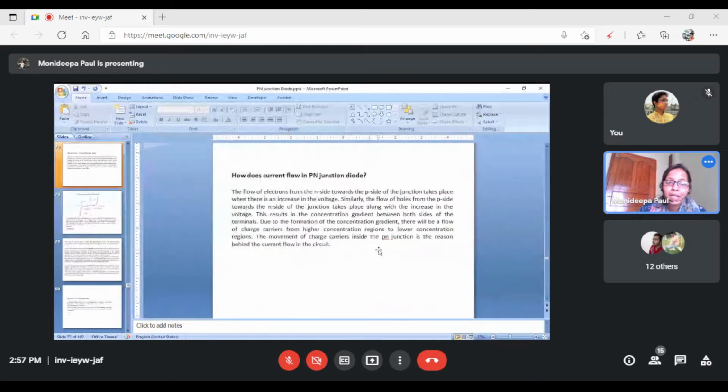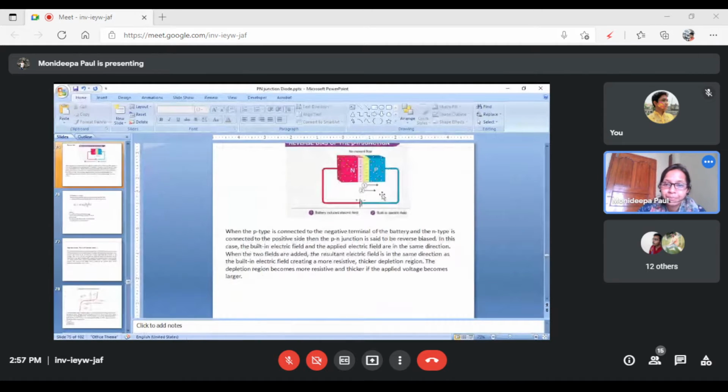Here you see the figure: the negative side is connected to the p-type, and the negative side of the developed electric field inside the semiconducting material adds to it, and positive adds to positive. Therefore, the potential barrier voltage will increase.